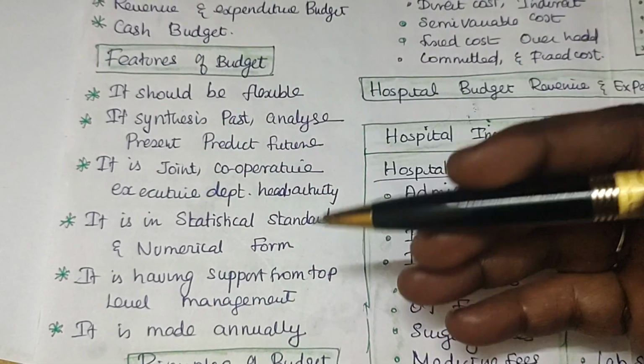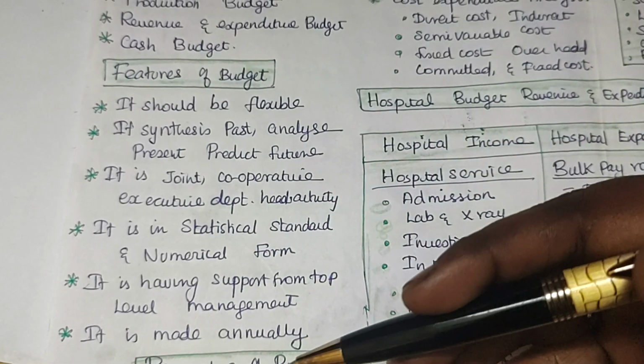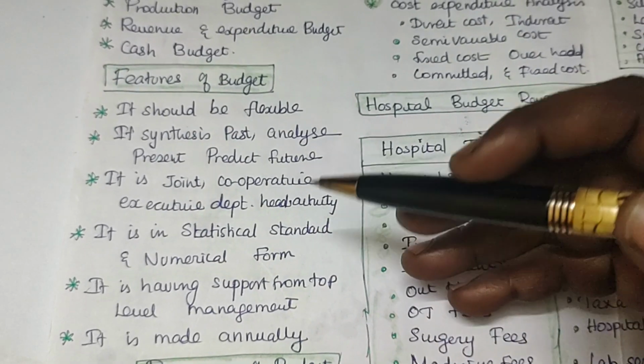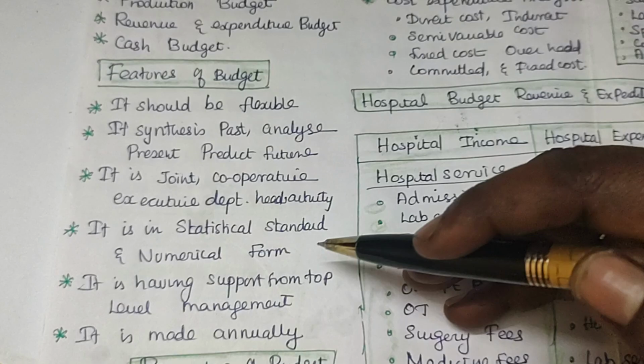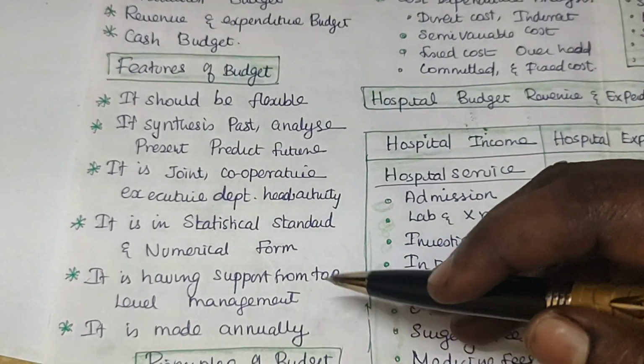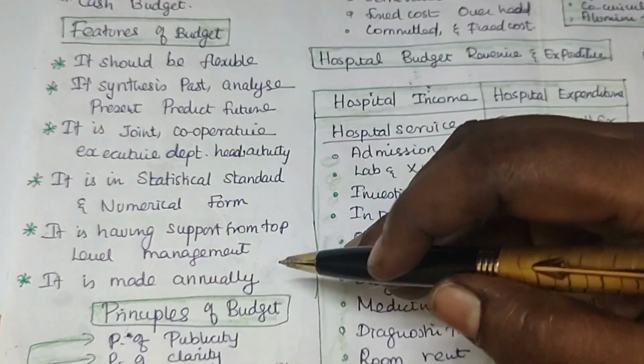They take your suggestions and will consider them, but it's not that they are going to accept everything. It is in statistical standard and numerical form. It has support from the top level management, of course, otherwise it's not happening. It is made annually.